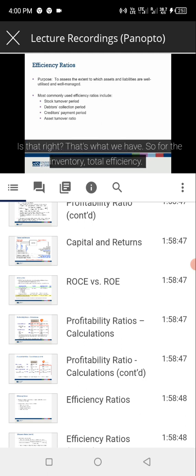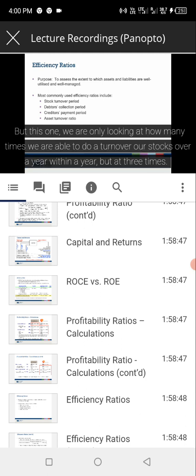For inventory turnover efficiency, some will just calculate the inventory turnover ratio, which is still okay. But with this one, we are only looking at how many times we are able to turn over our stocks within a year, whether 3 times or 4 times.